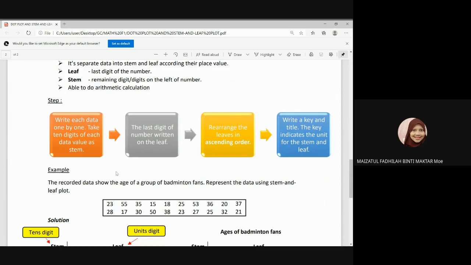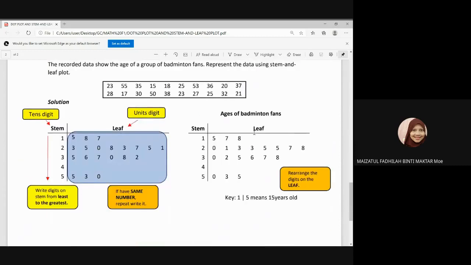So after you get the whole data, you put it in the correct place, and you must rearrange the leaves in ascending order. Then the last one, make sure you write a key and the title. The key indicates the unit for the stem and leaf. So we will see the example here.